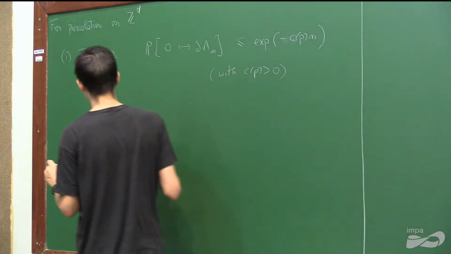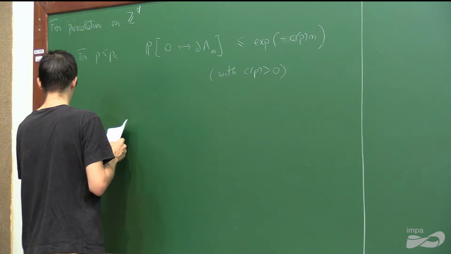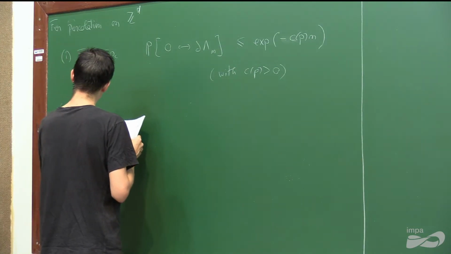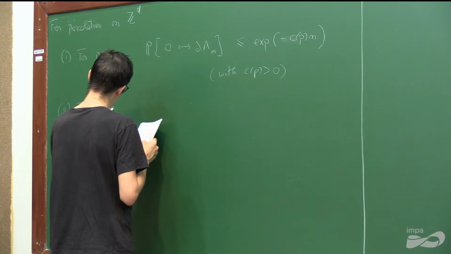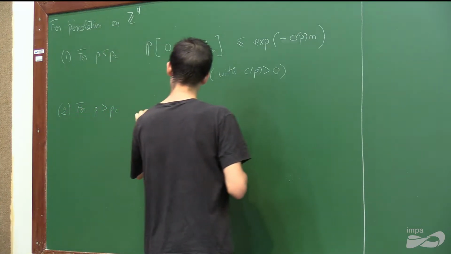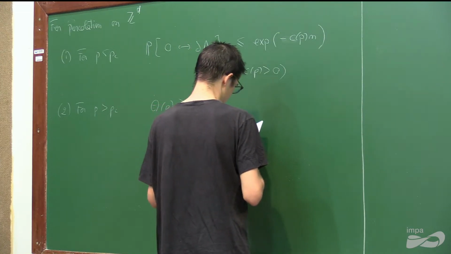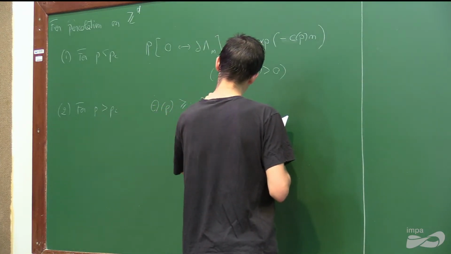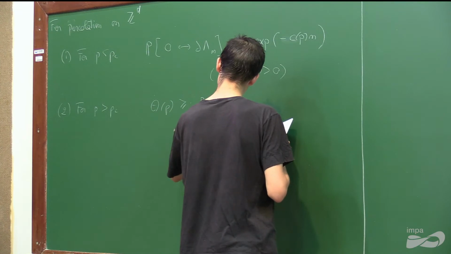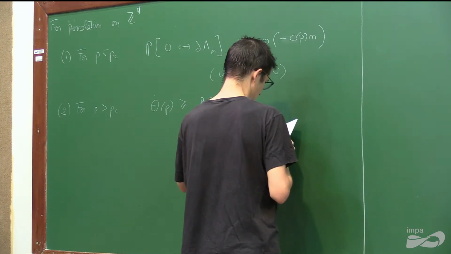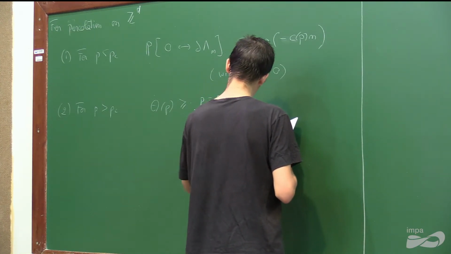And the second thing is that for p larger than p_c, we have that theta(p) is larger than (p minus p_c) over p times (1 minus p_c).